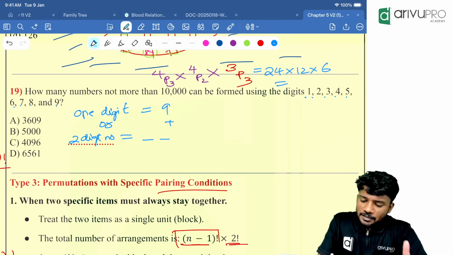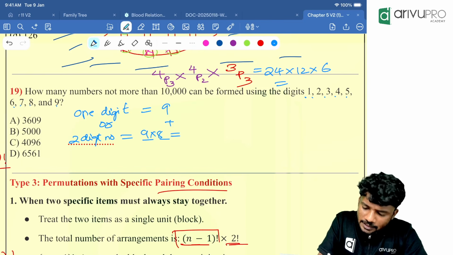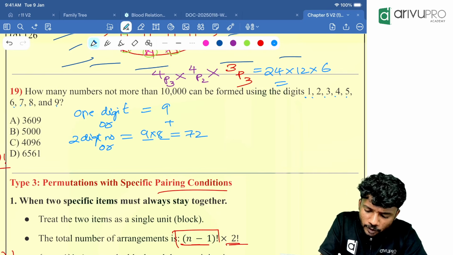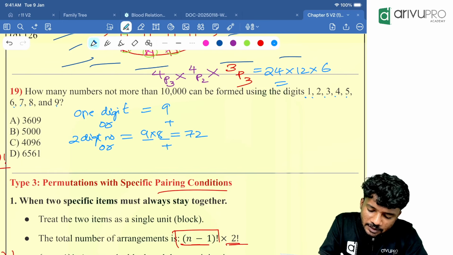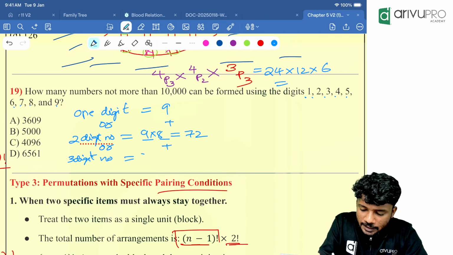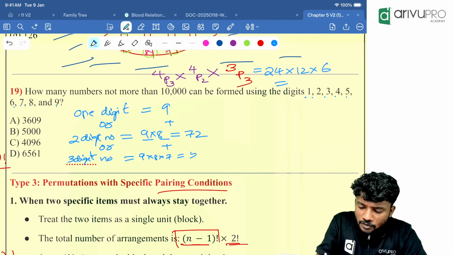That means 9 into 8, which is 72. Or means plus. 3-digit number: 9 into 8 into 7.